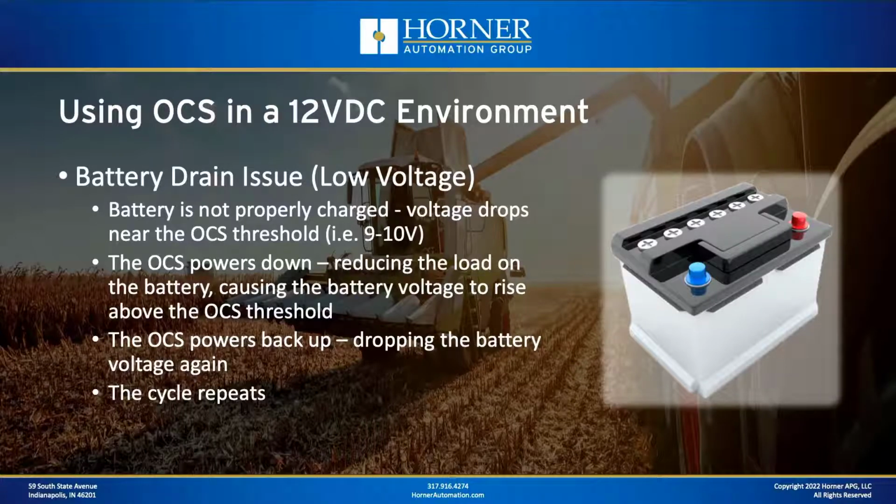At that point, the OCS is going to power down, but when the OCS powers down, it's very possible that the reduction in load is enough for the battery voltage to go back up a little bit, potentially enough for the OCS to try and turn back on again, and then of course the voltage drops, and it's a vicious cycle of the OCS continuously trying to reboot while the battery voltage is slowly falling between the threshold voltages of the OCS. This is a condition that can occur, a condition that we'd like to alleviate if possible.